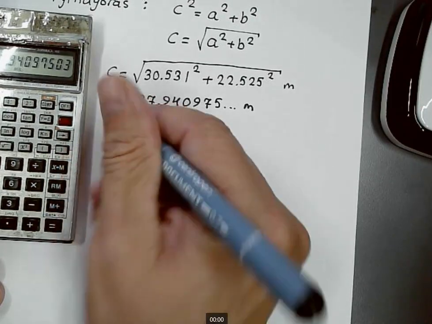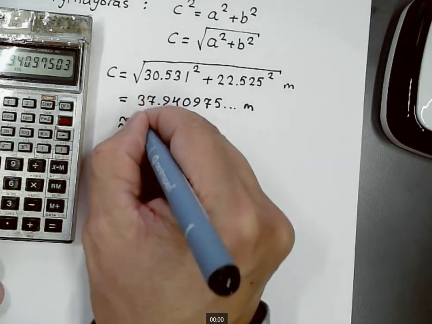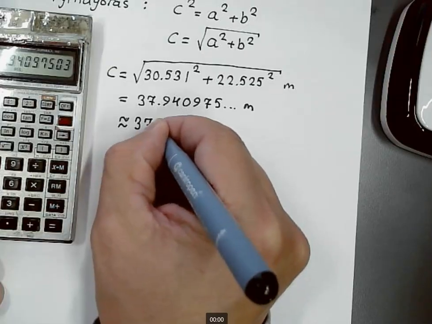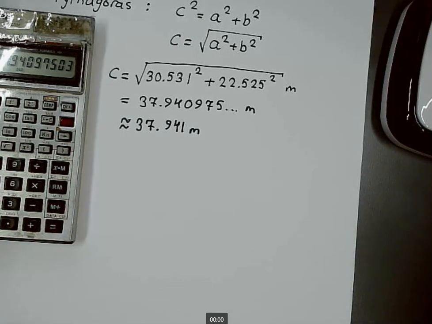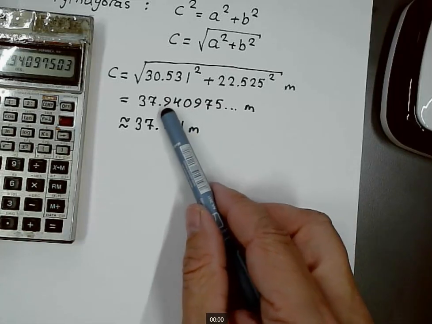So this is rounded to 37.941 meters. I guess many of you got half points because you had rounded this to 940.